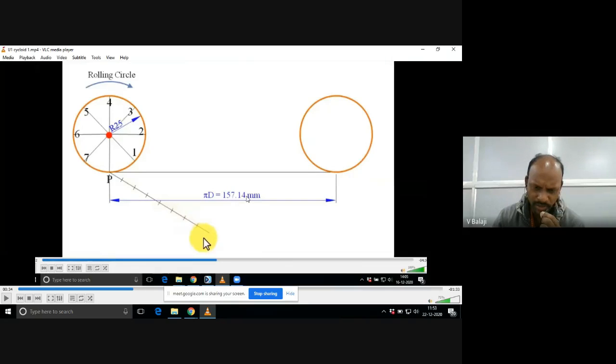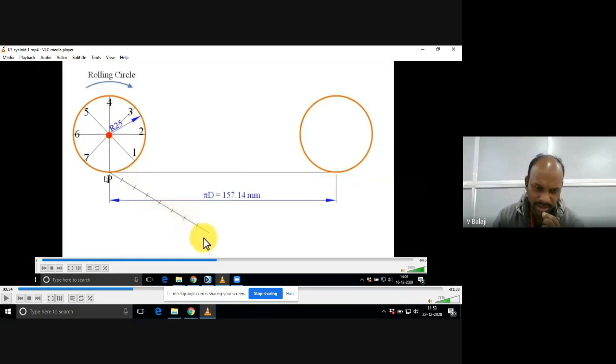You can neglect 0.14 because it is a small value, so take 157. If it is a larger value, you can round it up to 158. Take 157 and draw one horizontal line. This is actually the ground path, the straight path on which this roller is rolling without slipping.